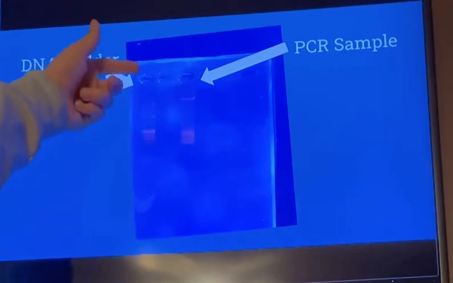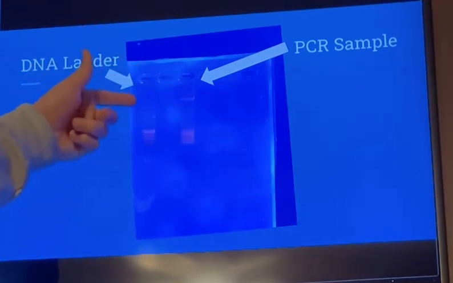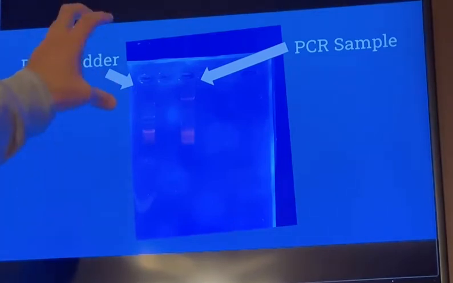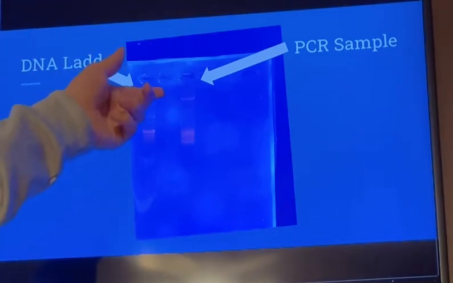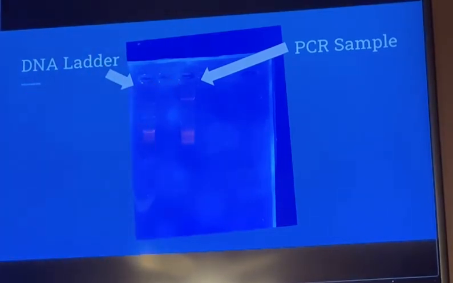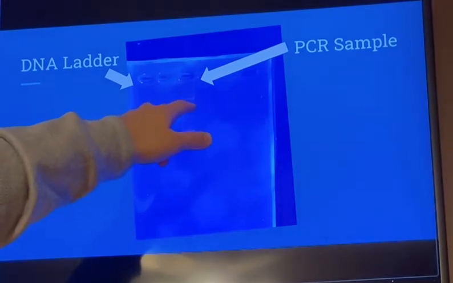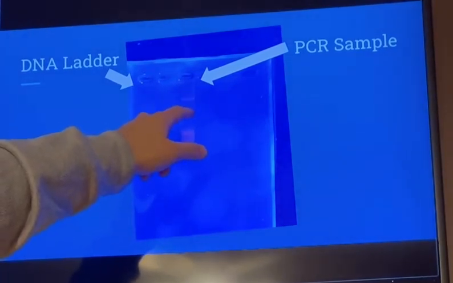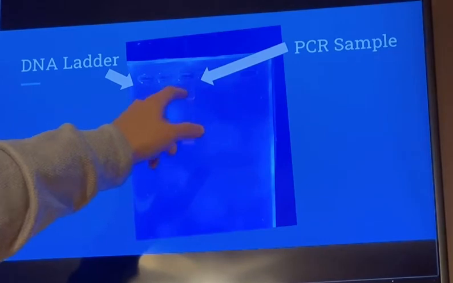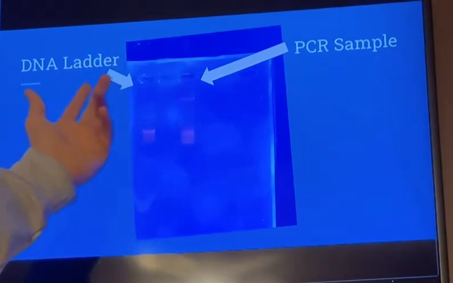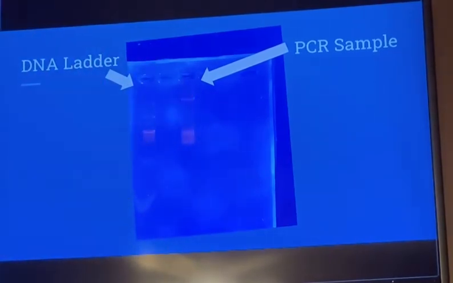We see, what does the third band down from this particular DNA ladder mean? And we know that means 6,000, which we expect to be the length of our plasmid. Therefore, we see clear indication of our plasmid there. Does that make sense?